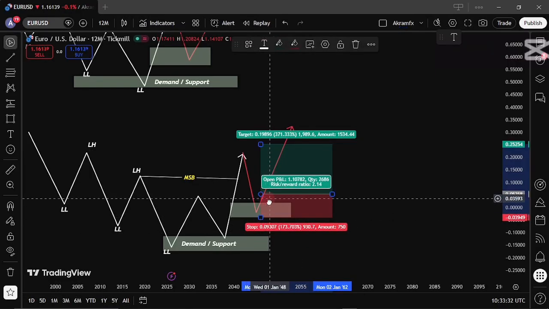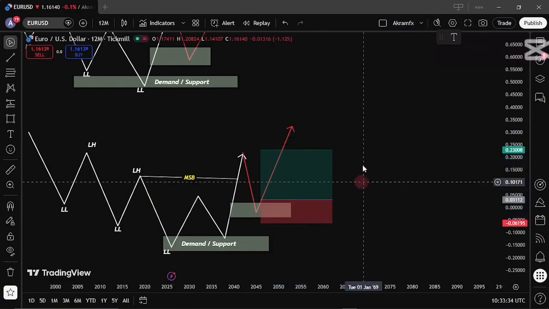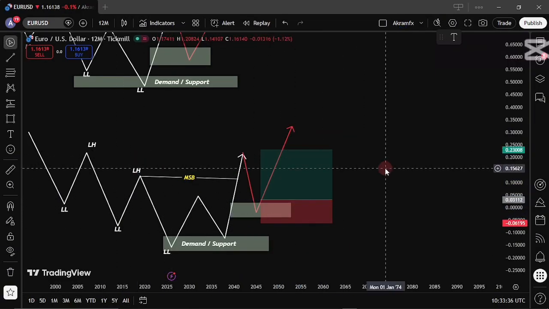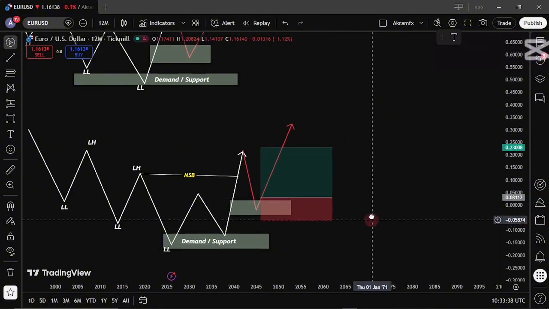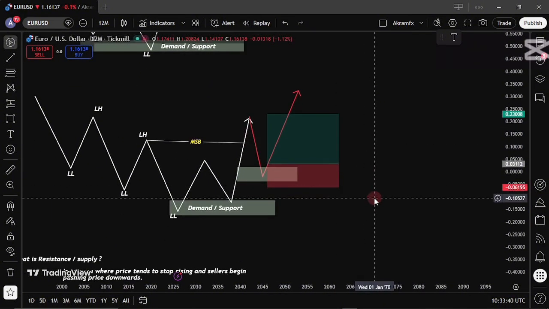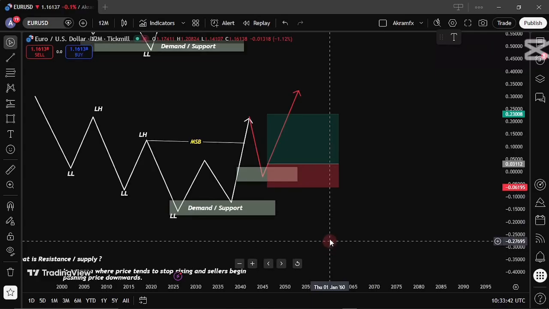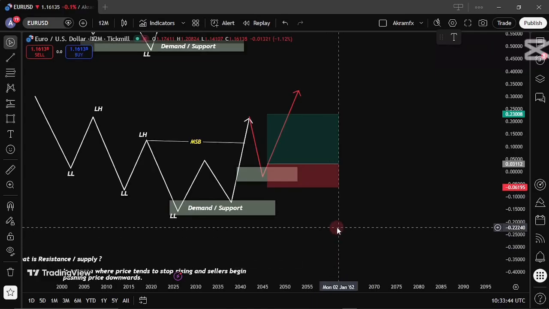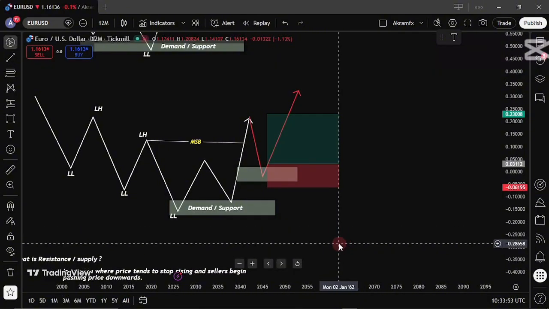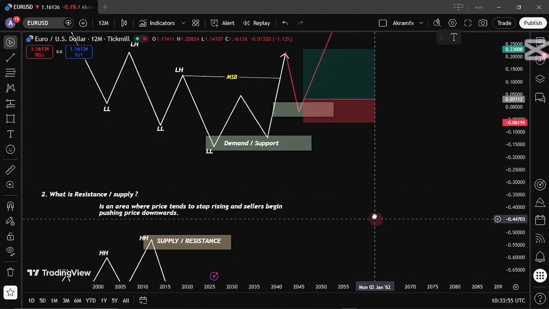Put the stop loss slightly below the zone, and we can always go in. Basically, that's the demand and supply zone, and that's how we trade it. In the next video, we shall be seeing the practical examples in detail, because this is theory.